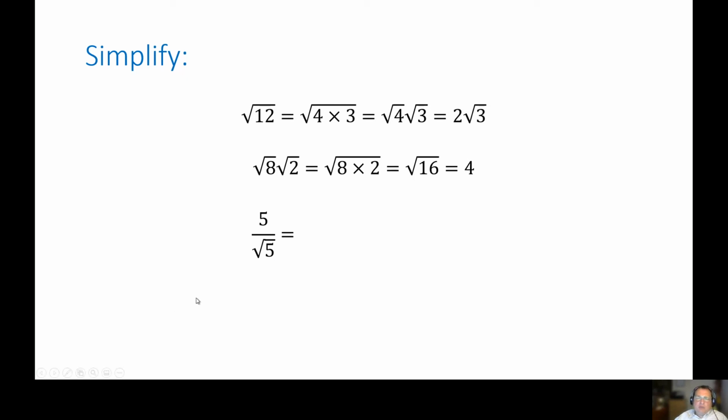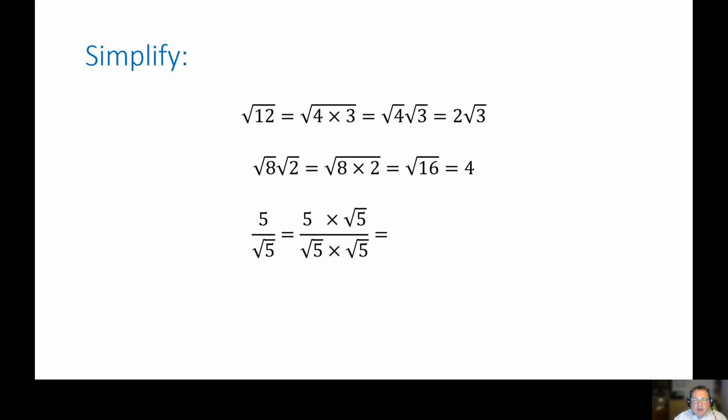We can do it very easily by extending this fraction, so that the surd in the denominator will be no more a surd. This can be done by multiplying it by itself. If I multiply both numerator and denominator by the same number, in this case square root of 5, I won't change the value of the whole thing.